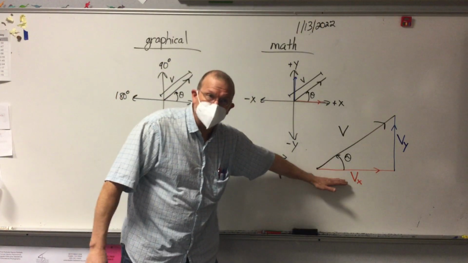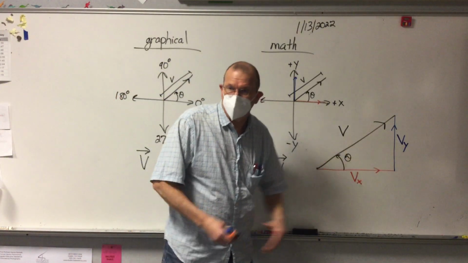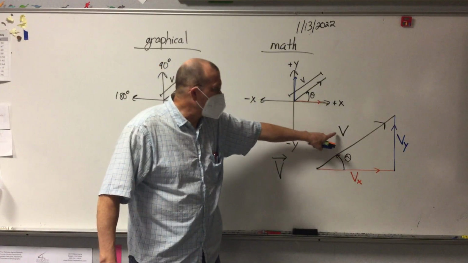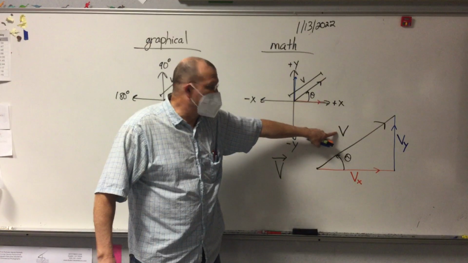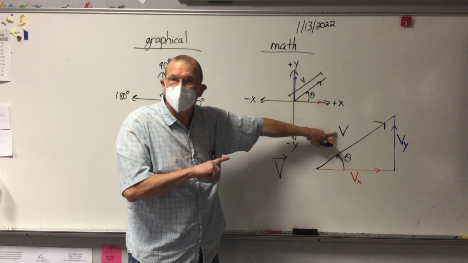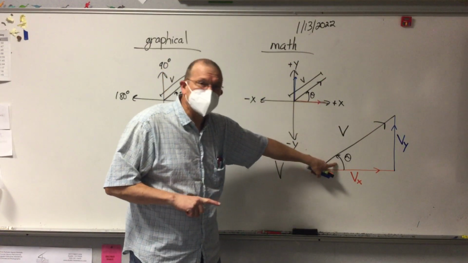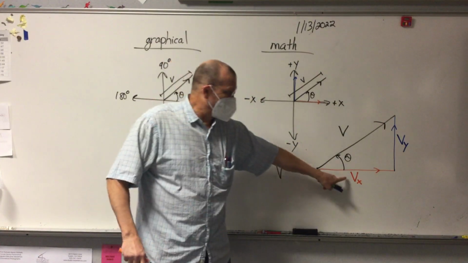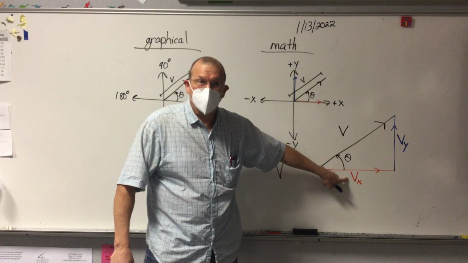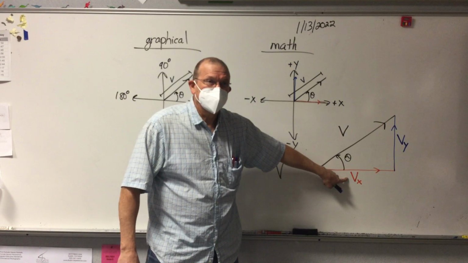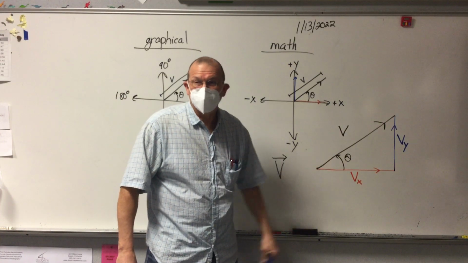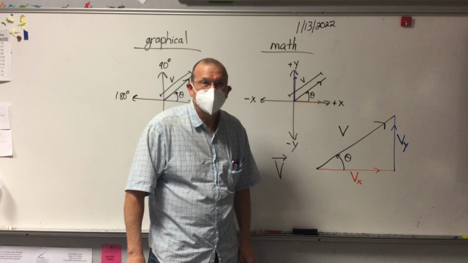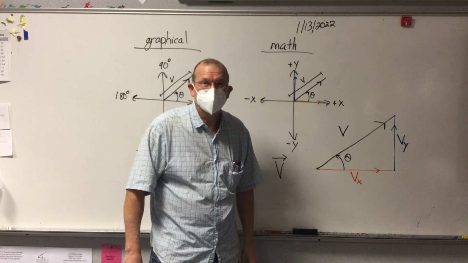This is the horizontal component, this is the vertical component. So, if you pretend that you have this black V, the magnitude, and you have this angle, and I say, I want you to figure out what that orange Vx is, can somebody tell me how you would do it? Somebody can come up with this.